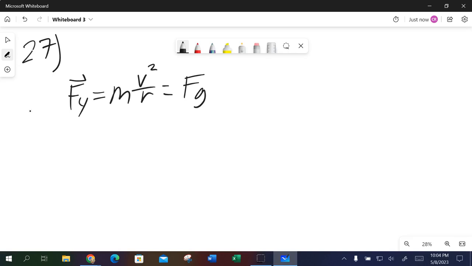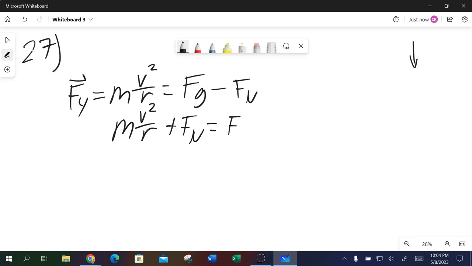if we say that the positive direction is down, F_g minus F_N. So we get mv squared over r plus F_N is equal to F_g, or if we want it in terms of F_N, which we're going to want, F_N is negative mv squared over r plus force of gravity.